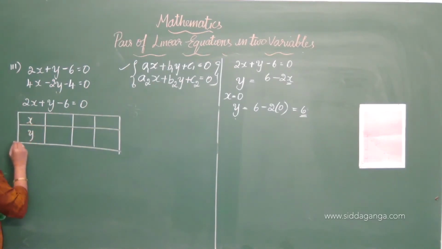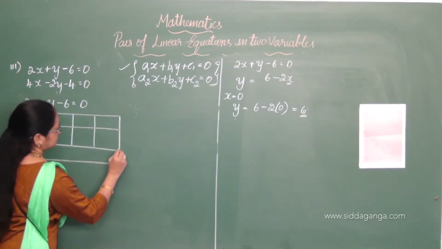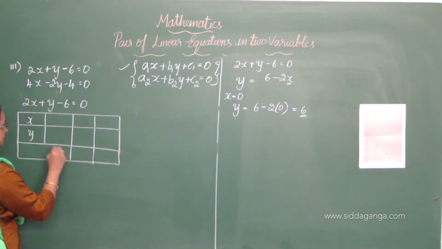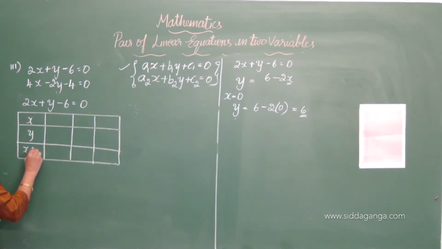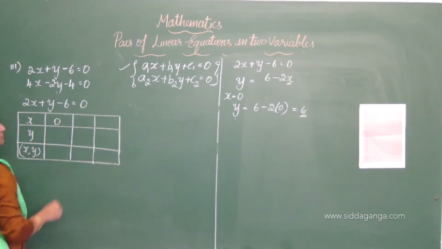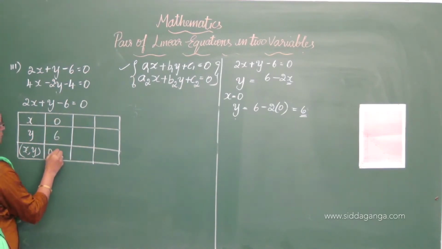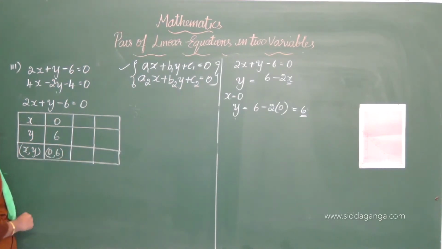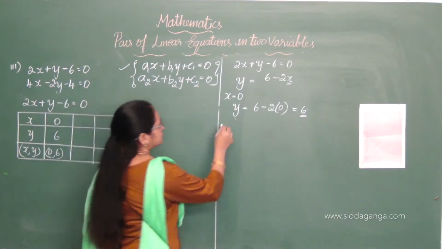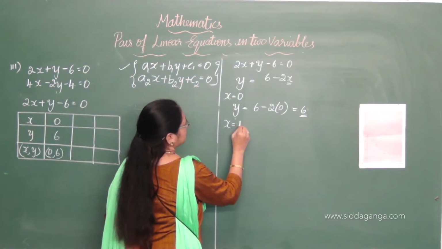X and y, and here you can write the coordinate so that it will be easy to plot the graph. So, first one, x is 0, so y is 6. So, 0 comma 6.